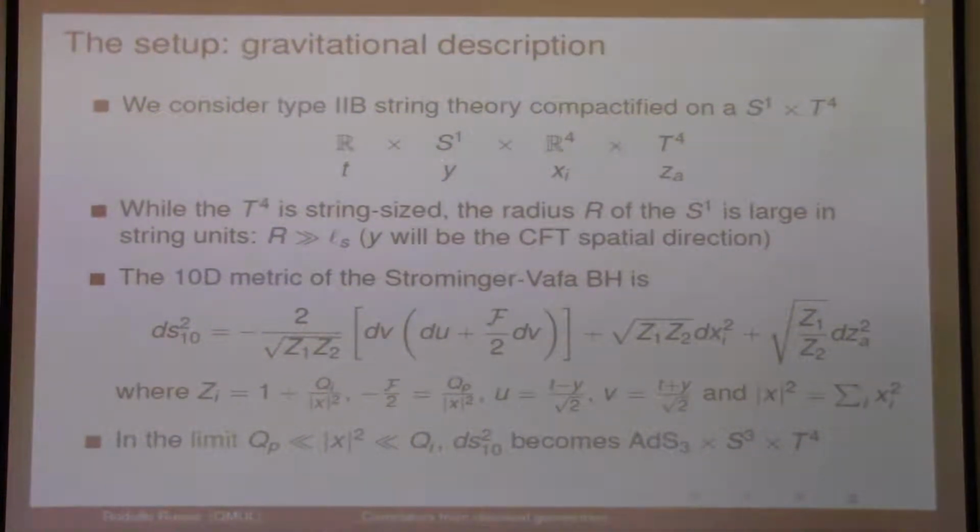So if you start from the standard D1-D5 system, then this is the metric that you would write down. This extra bit corresponds to adding a third charge, which is the momentum. And you see that this metric depends on three harmonic functions, Z1, Z2, and this object there.